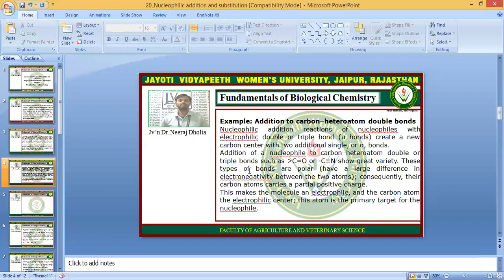Addition of a nucleophile to a carbon heteroatom double or triple bond, such as carbon double bond oxygen or carbon triple bond nitrogen, shows a great variety. These types of bonds are polar and consequently their carbon atoms carry a partial positive charge. So this makes the molecule an electrophile and the carbon atom the electrophilic center. So this atom is a primary target for the nucleophile.